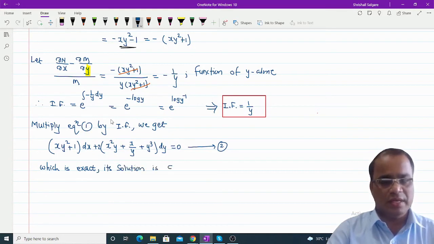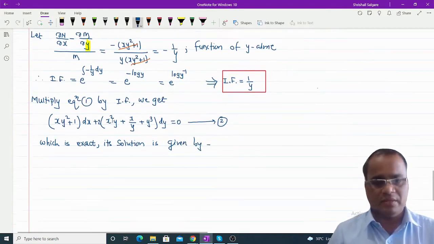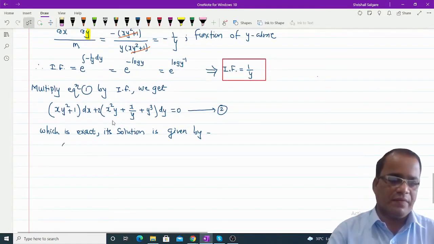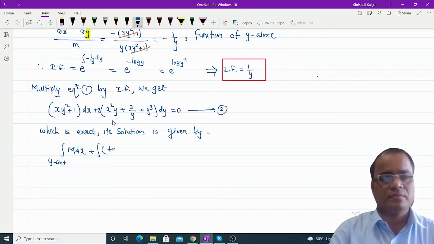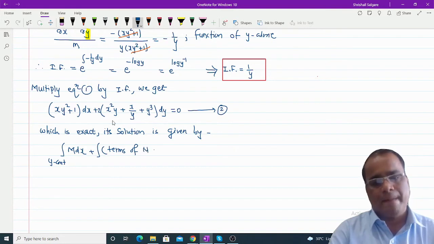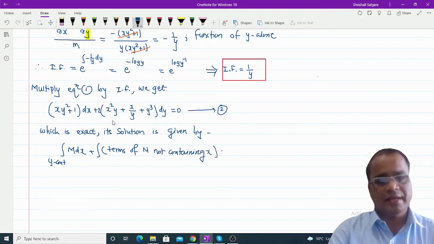Its solution is given by the formula: integral of m dx, try to write every time treating y as a constant, plus the terms of n not containing x with respect to y, equal to c.